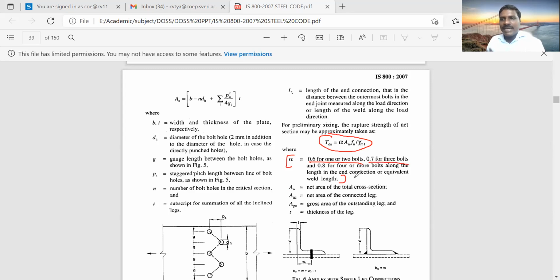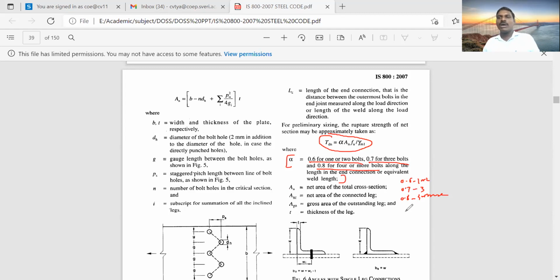It means if they have told 3 bolts are used in the problem statement, then we have to use the 0.7 value. Then next, 0.8 for 4 or more bolts. If there are 4 or more bolts, use the 0.8 value. Means we have to use the value of alpha as 0.6, 0.7 and 0.8. This is for 1 or 2, this is for 3, and this is for 4 or more.